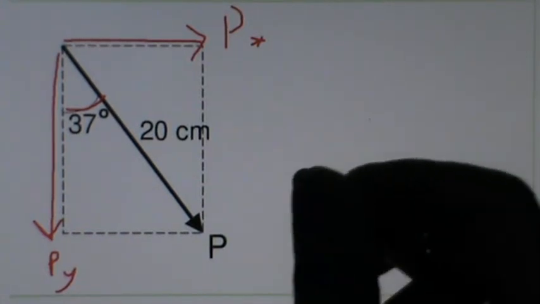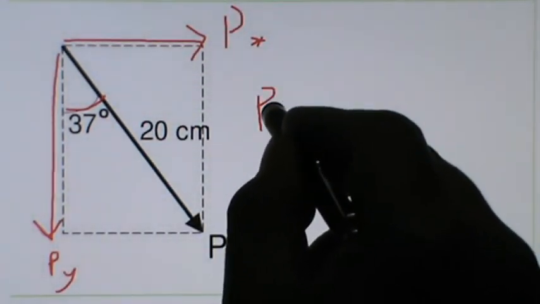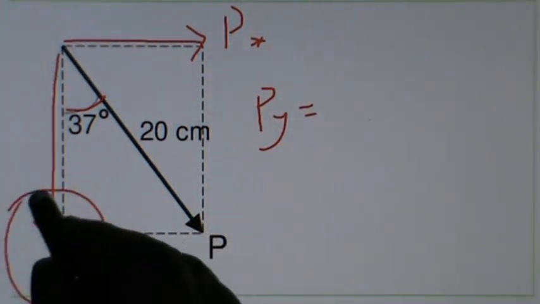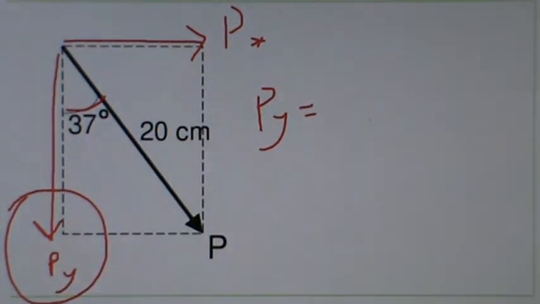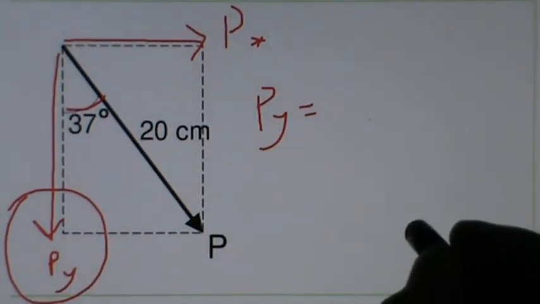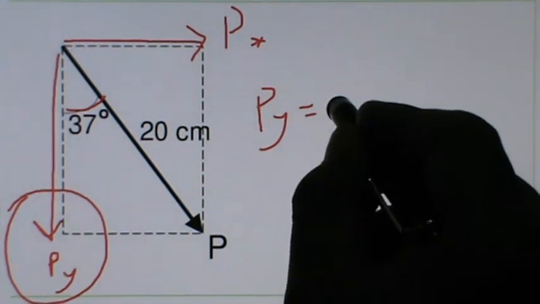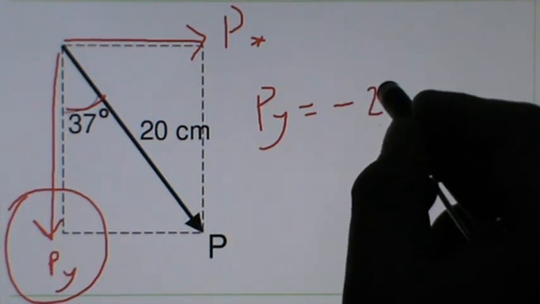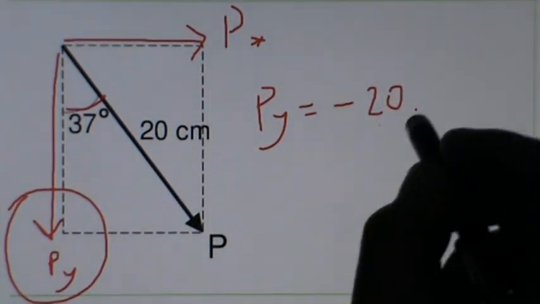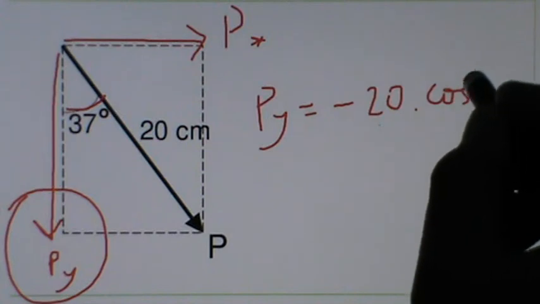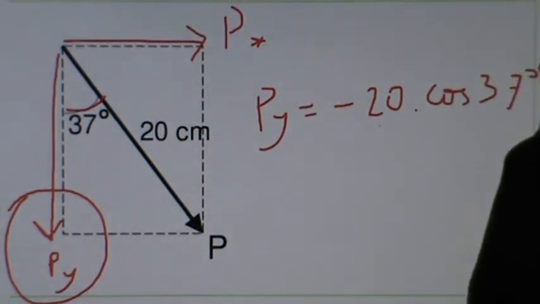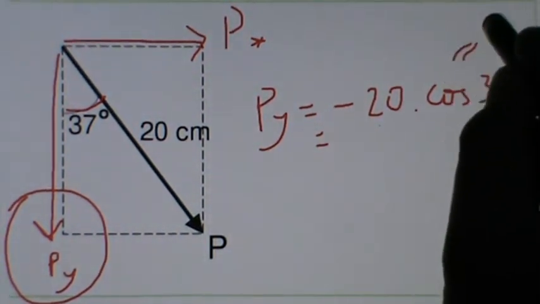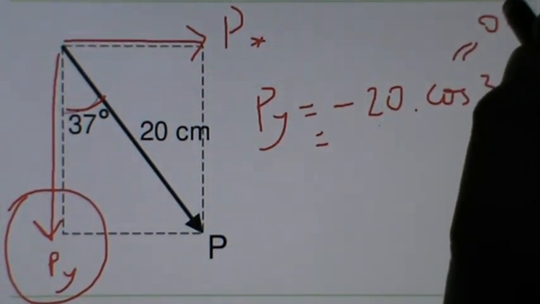Therefore, I would do the Py first here, and notice that the direction of Py is pointing downward, so the value here is minus, and then the magnitude is 20 times cosine 37, and cosine 37 is around 0.8.